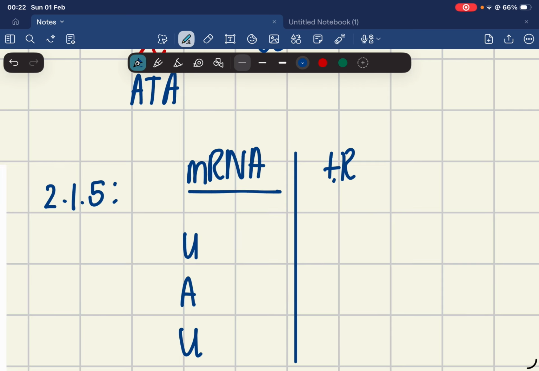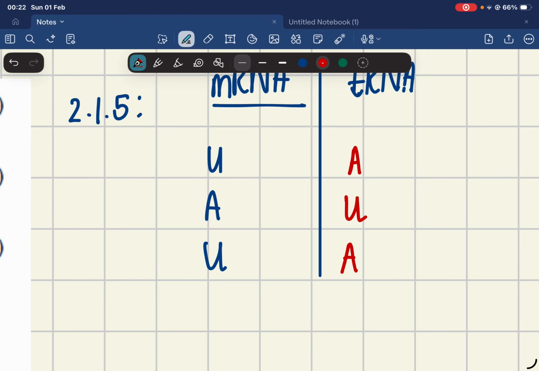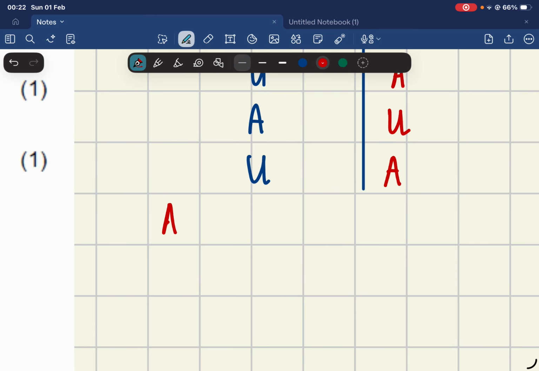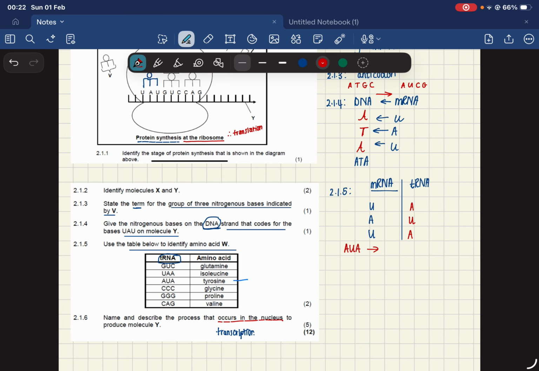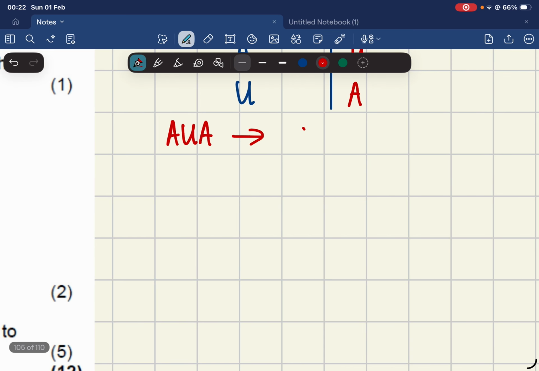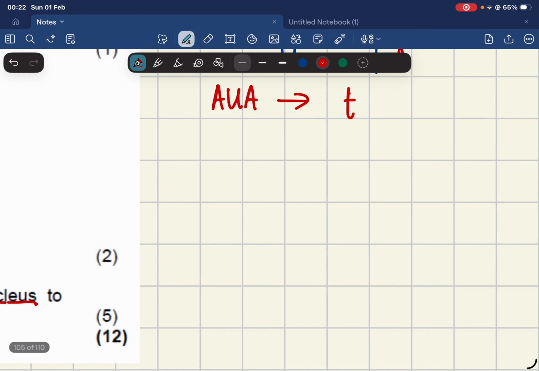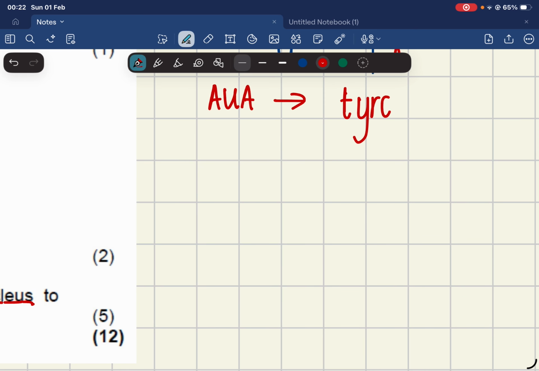Moving forward, uracil bonds to adenine, adenine bonds to uracil, uracil bonds to adenine. So now we're looking for AUA. What does AUA in tRNA code for? Let's see. Tyrosine. So that's our answer: tyrosine.